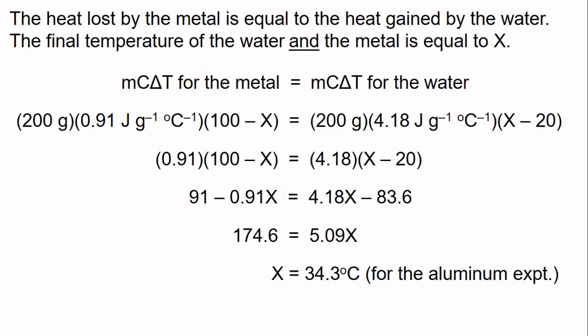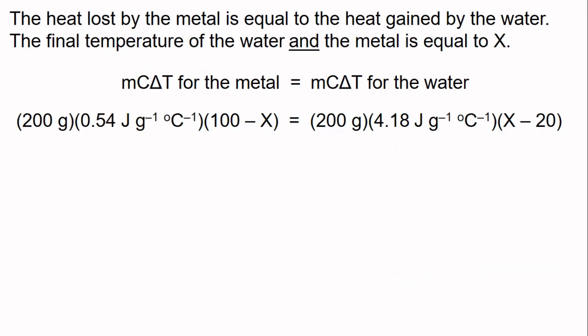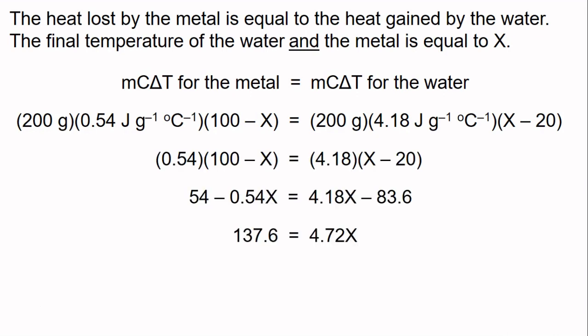That's supposed to be a higher value than if we had used titanium. Let's go ahead and prove that point. So I'm going to change from aluminum to titanium, and my specific heat capacity is 0.54. And when I do this math and solve for x, I get 29.2 degrees Celsius.